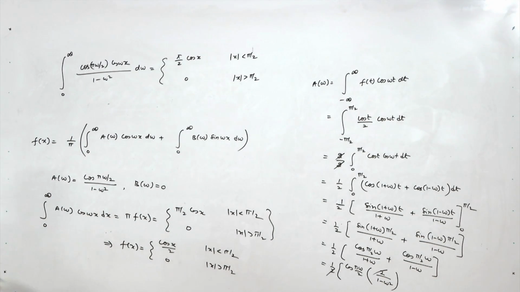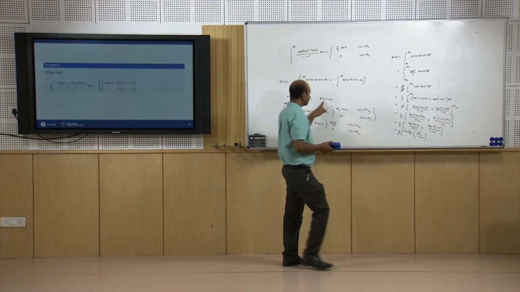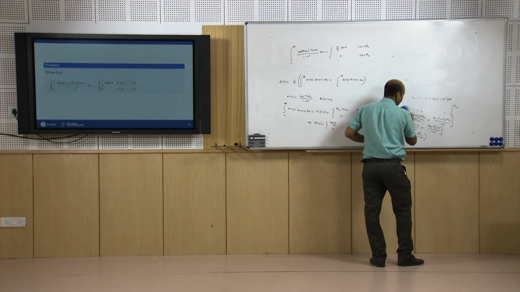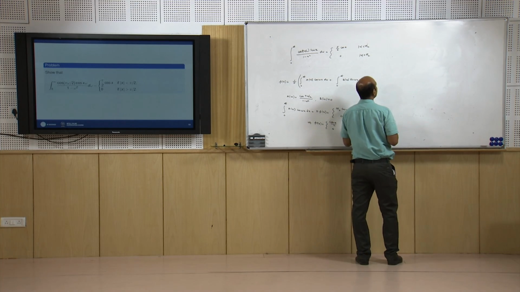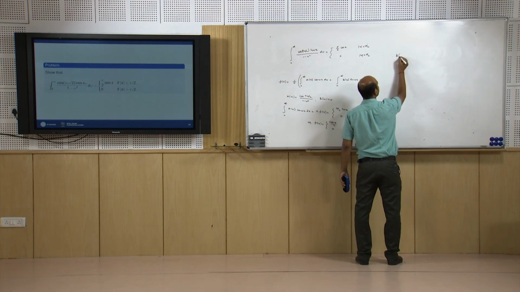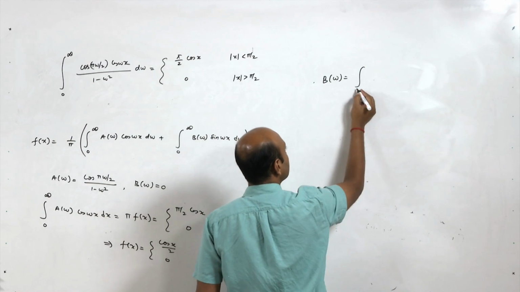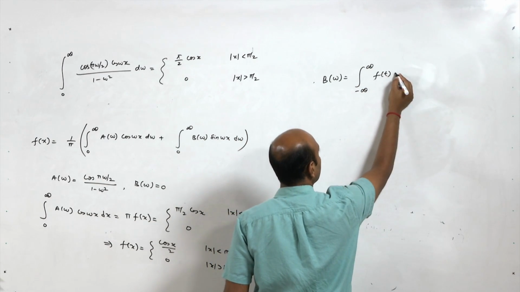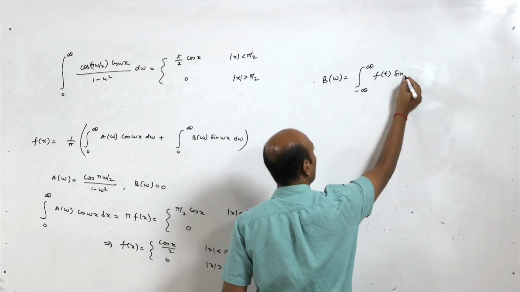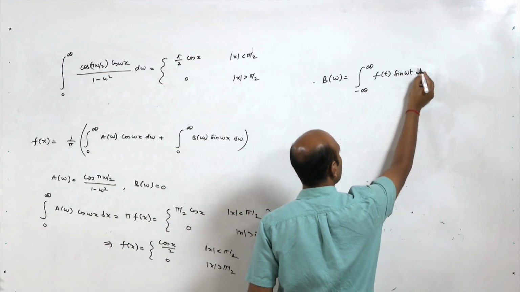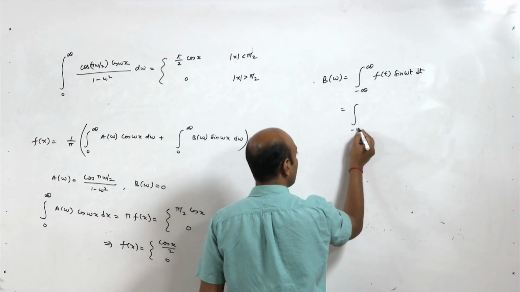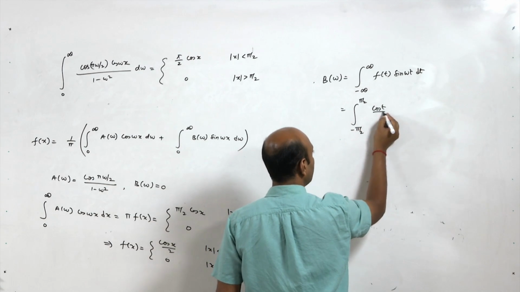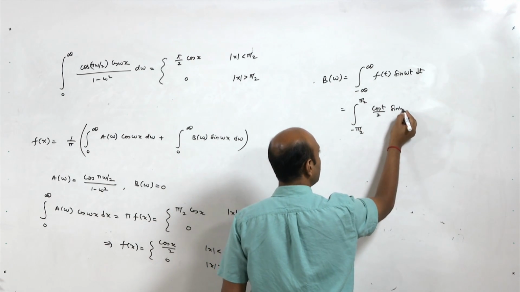Now, when you compute B(ω), it must be 0. When you compute B(ω) for the same problem, B(ω) will be nothing but the integral from minus infinity to plus infinity of f(t) sin ωt dt. Now, it is nothing but from minus π by 2 to plus π by 2, cos t by 2 sin ωt dt.